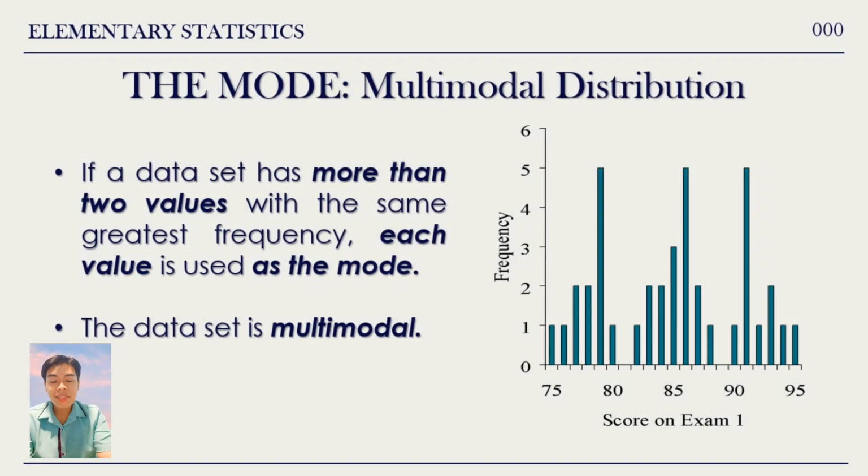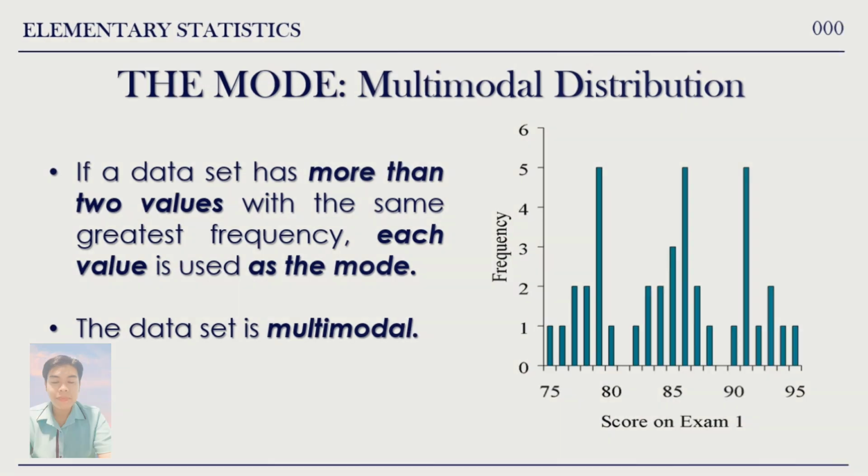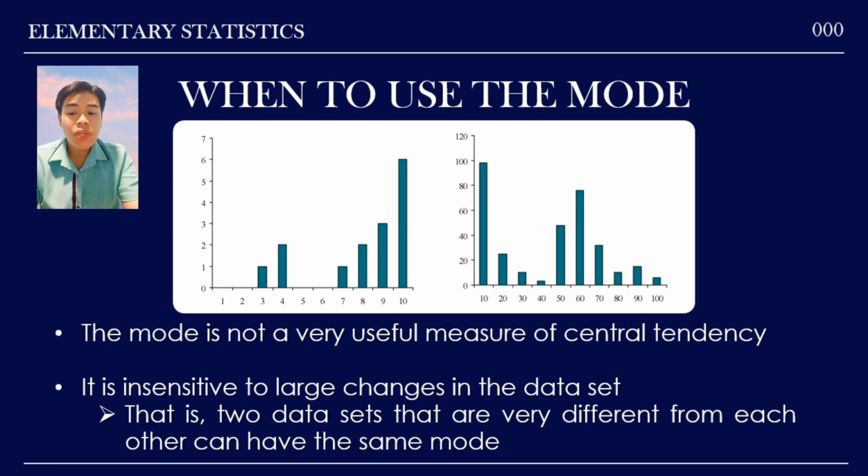If a dataset has more than 2 values with the same greatest frequency, each value is used as the mode. The dataset is considered multimodal. What we can see on our screen is an example of a multimodal distribution since we have more than 2 values for our mode. Now, when do we use mode? The mode actually is not a very useful measure of central tendency because it is insensitive to large changes in a dataset.